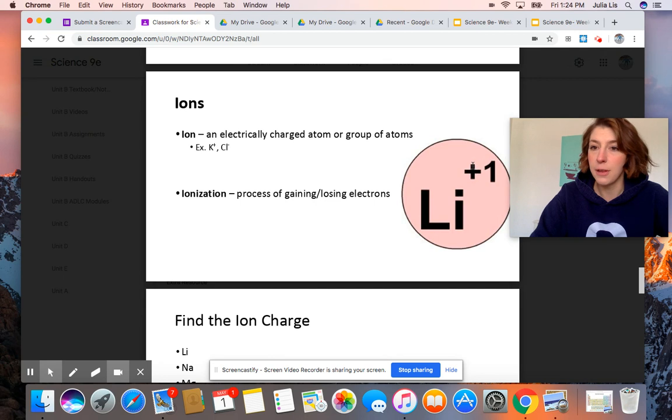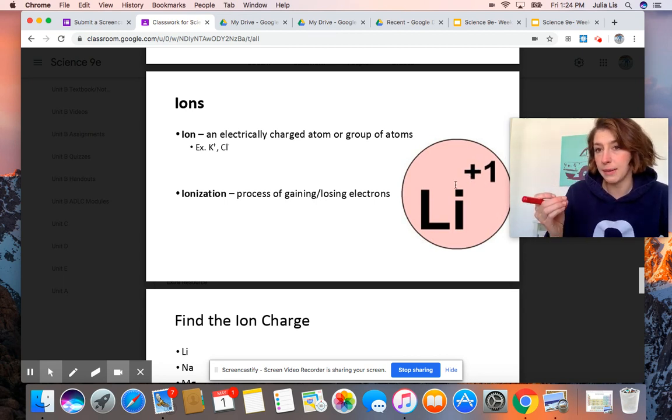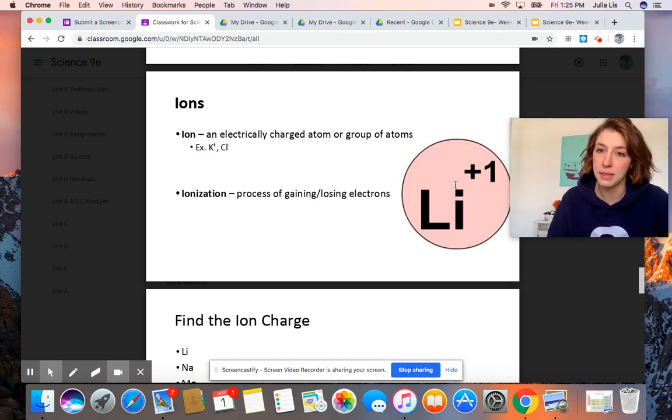It's going to be +1, +2, -1, -2, maybe +3. This charge is saying that most often lithium loses an electron and becomes more positively charged. Your periodic table will represent what's most common, so how that element interacts with other things most often.